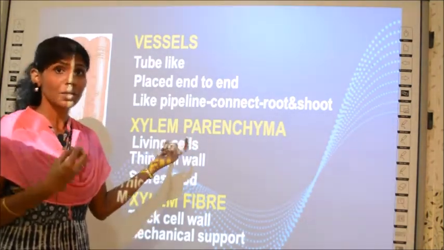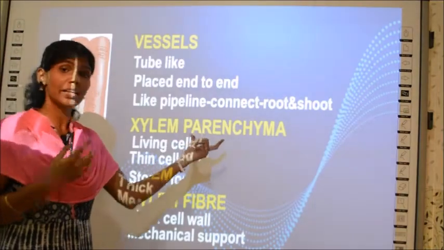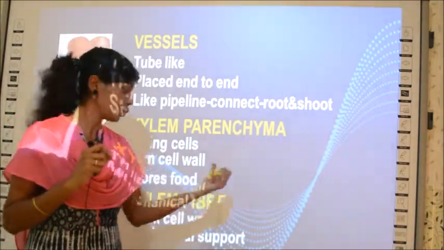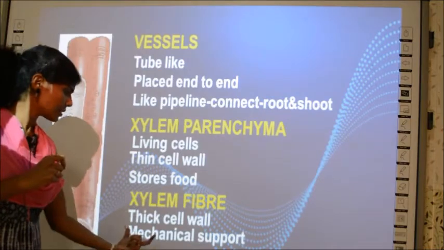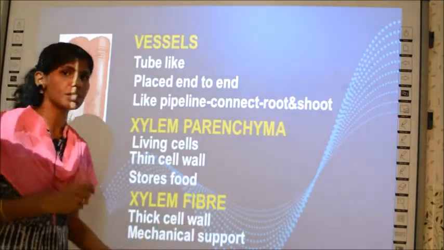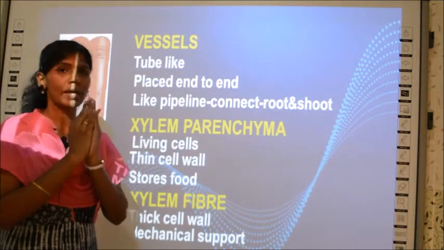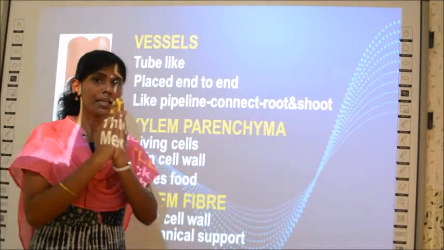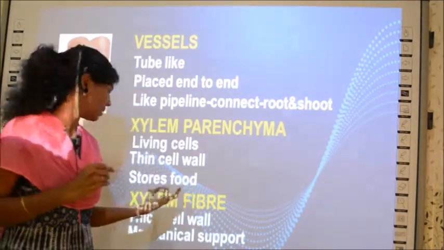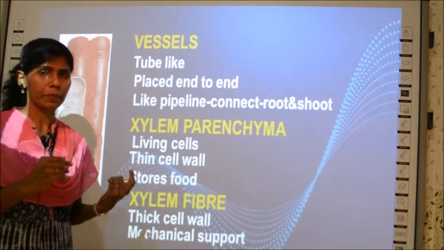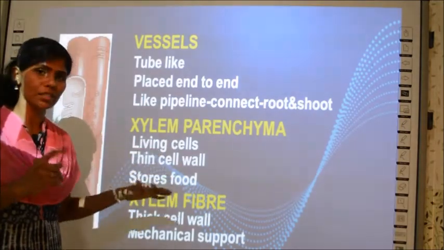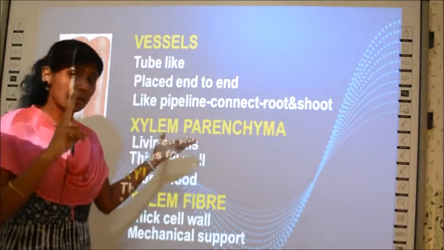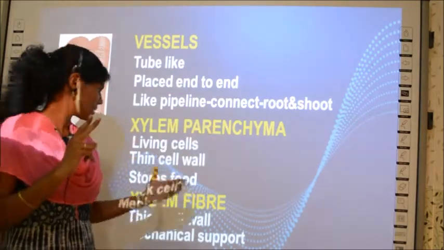It's to conduct water, but this parenchyma region alone has the ability to store food. And the function of xylem fiber is to give strength or mechanical support, to make the plant erect. This xylem fiber will help. So how did we compare and study? The first one is about the cell wall. This is thin and this is thick.